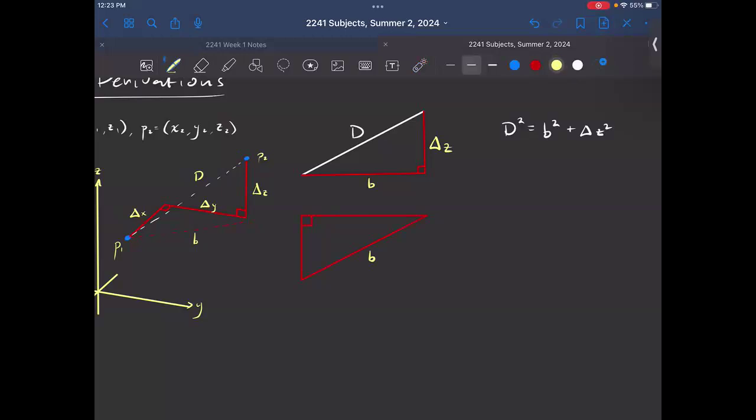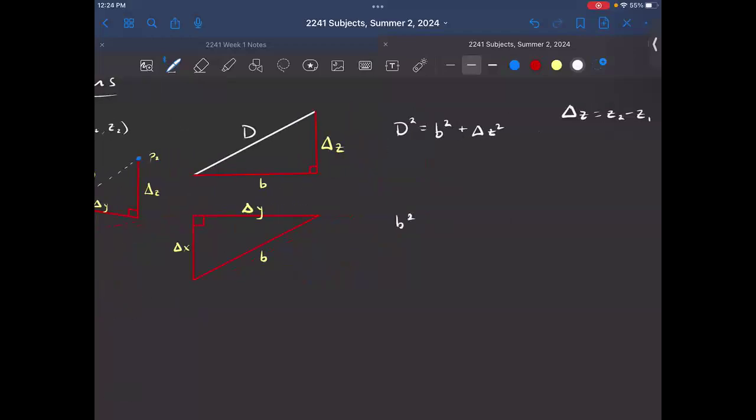And the lengths of the legs are delta Y and delta X. Okay, so we have another Pythagorean theorem formula that we can write down. B squared equals delta X squared plus delta Y squared.